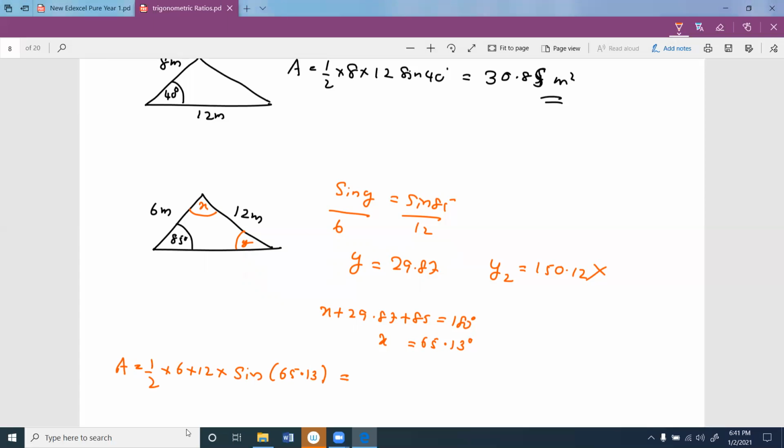So 0.5 into 6 into 12 into sine 65.13 turns out to be 32.66. 32.66 square meters would be the final answer for this kind of question.